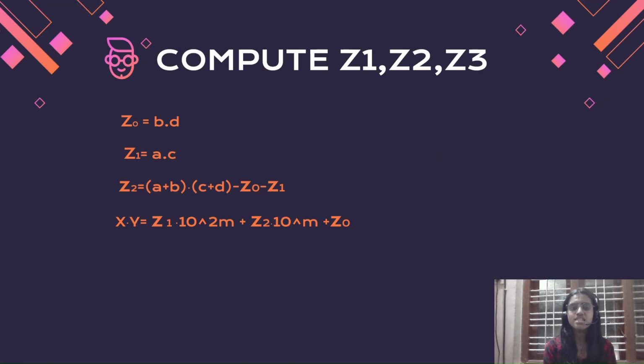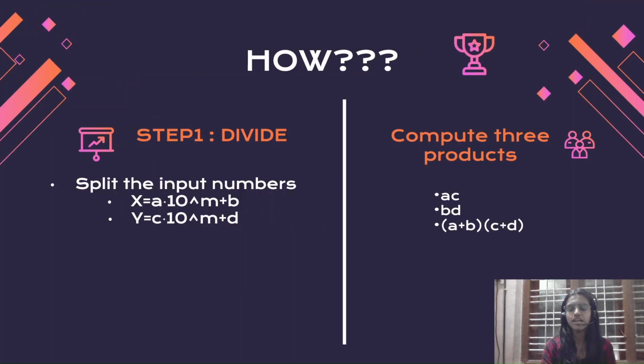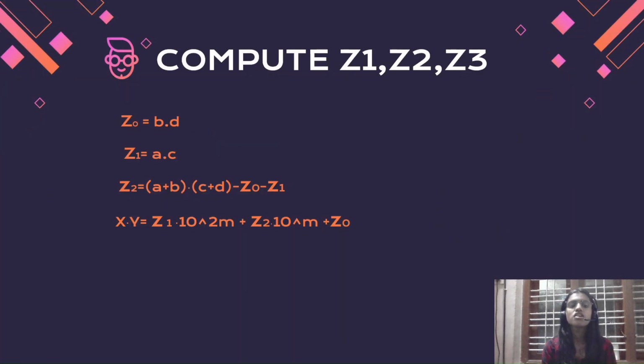Z2 was partly computed in our previous step. So we are going to use Z2 as (A plus B) times (C plus D) minus Z0, which is already computed, and minus Z1, which is also already computed. After we get Z0, Z1 and Z2, we are going to compute Z3.